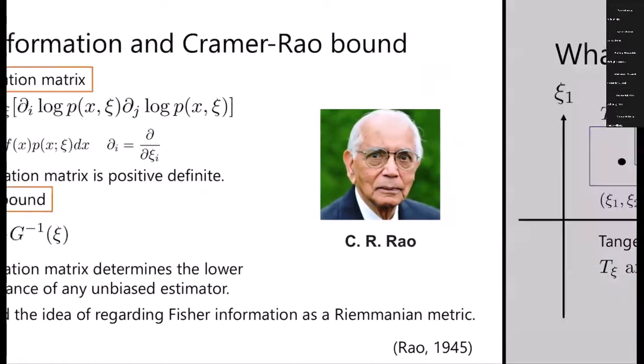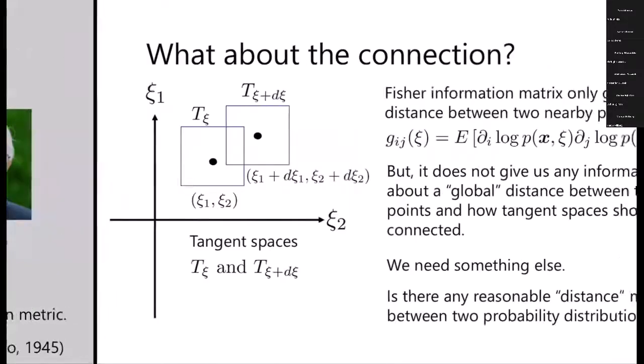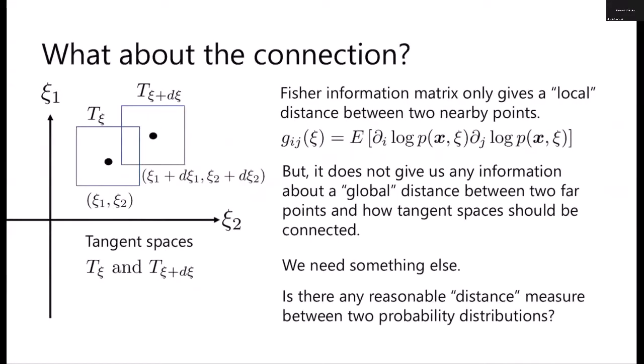So we can use Fisher information as a metric of some local distance. But note that the Fisher information matrix only gives a local distance between two nearby points, but it does not give us any information about the global distance between two far away points, and how tangent spaces should be connected. So we need something else.